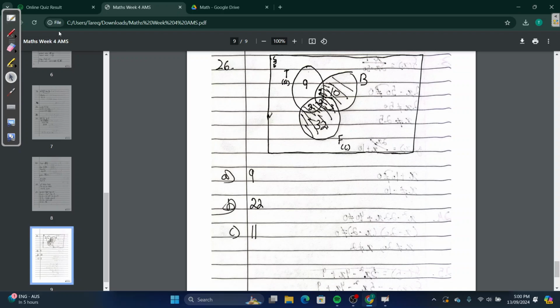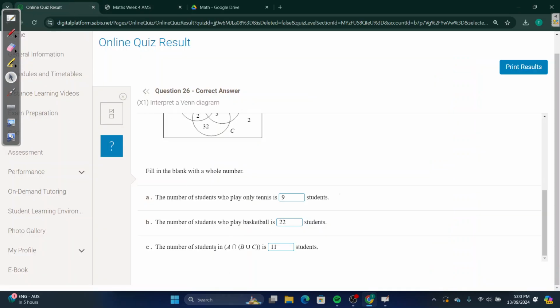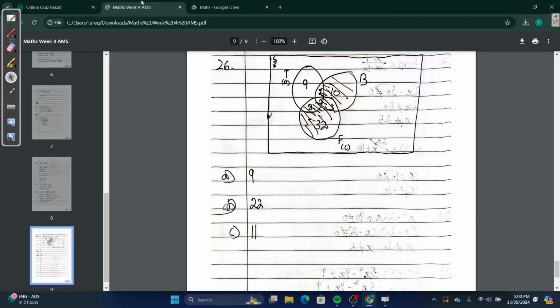Okay. Now they want the number of students in A intersection B union C. B union C is all of this, all of what I drew the lines on. Now the intersection are these values, the values in the middle. So let's go here in the quiz so I can get a better view.